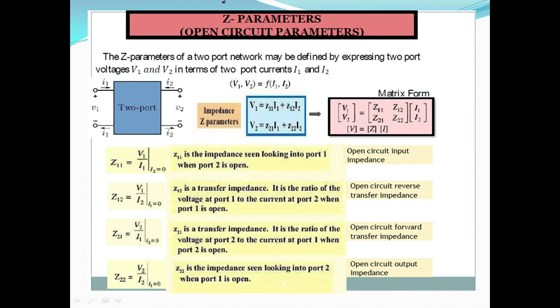Then the Z parameter. The Z parameters are called the open circuit parameters. From this point onwards, we will see in detail the expressions for the Z parameters. The Z parameters of the two-port network may be defined by expressing the two voltages V1 and V2 as functions of I1 and I2.